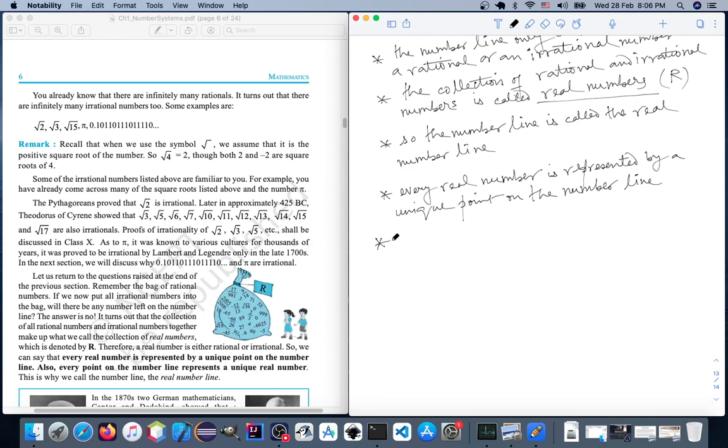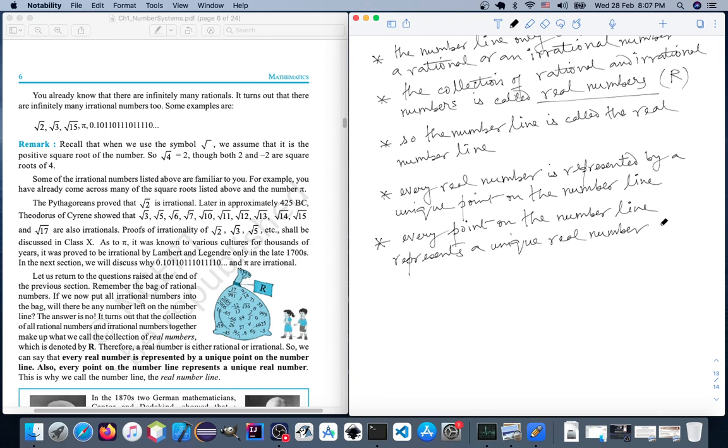Also, every point on the number line represents a unique real number.